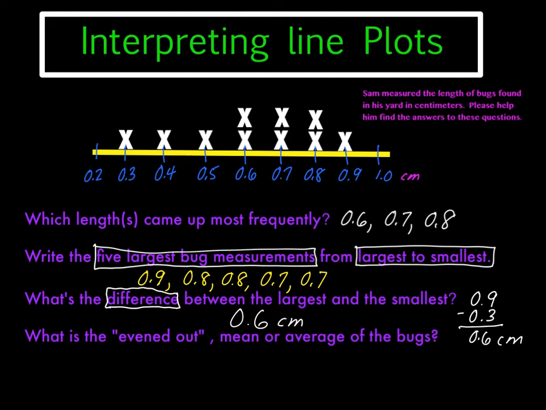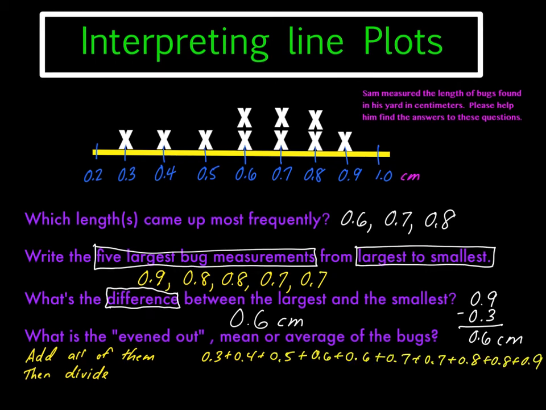What we first need to do is add all of them, then divide by how many there are. So what we'll need to do is we will add these up. So it's going to be 3/10 plus 4/10 plus 5/10 plus.